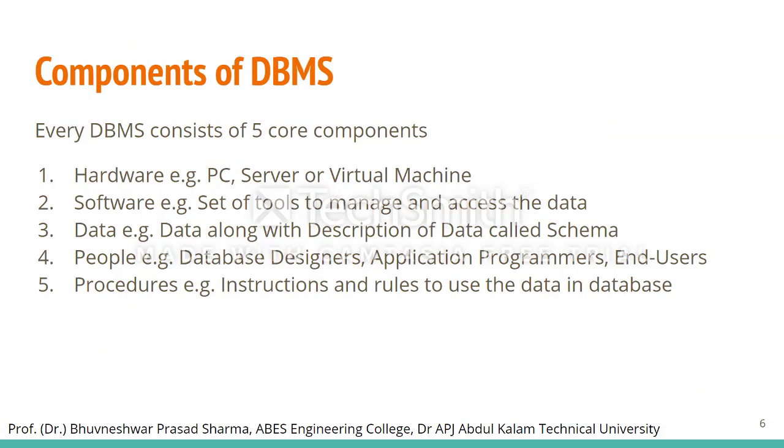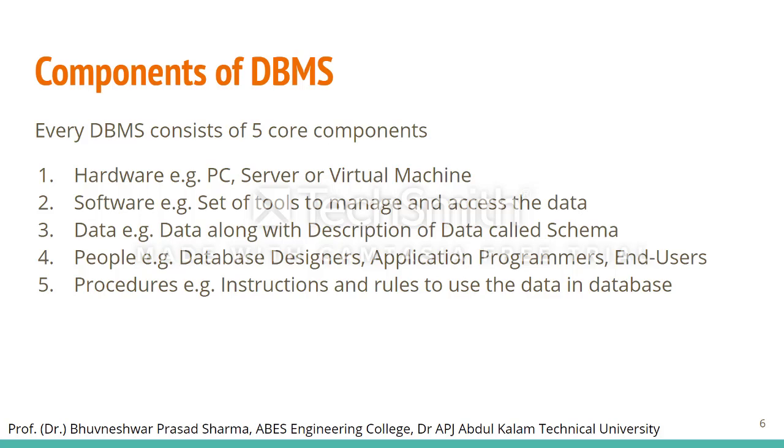And here are the components of DBMS. Every DBMS consists of 5 core components. They are hardware, software, data, people, and procedures. If we talk about the hardware, it could be your personal computer, your laptop, your server, your virtual machine on some cloud, and some more devices.